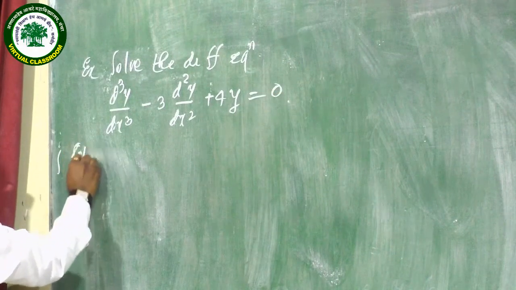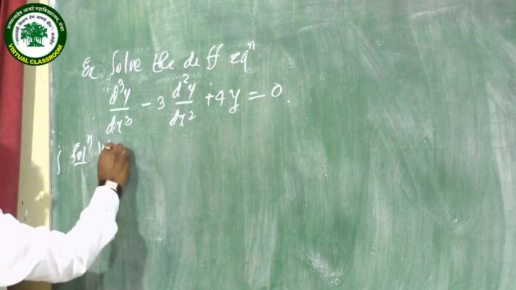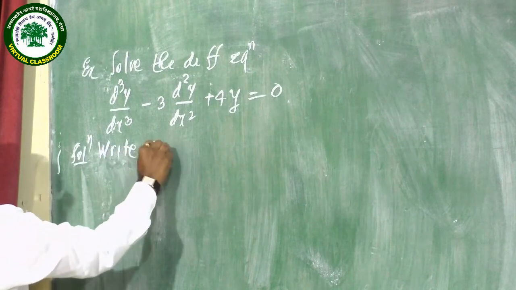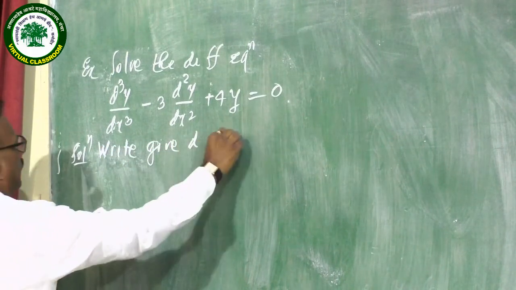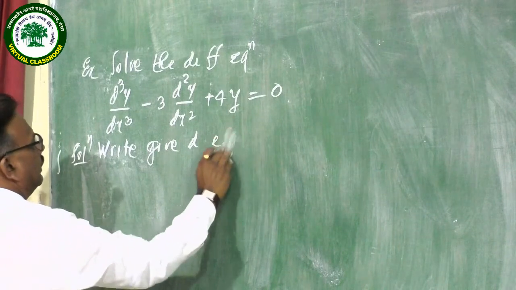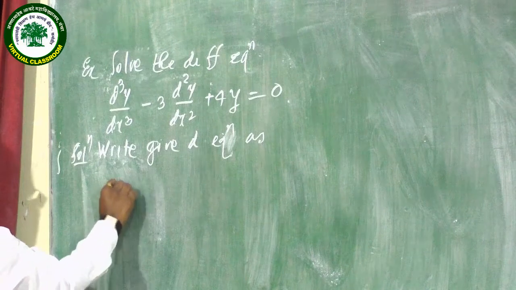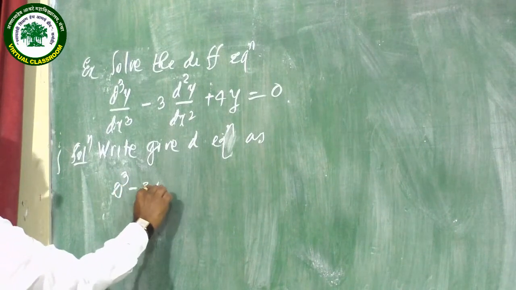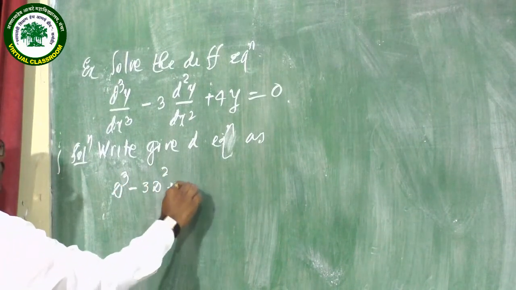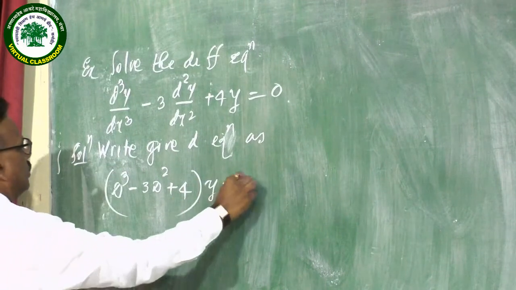Solution: write the given differential equation as d cube minus 3d square plus 4 y is equal to 0.